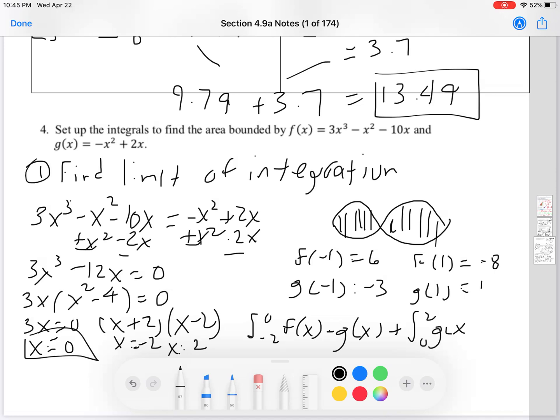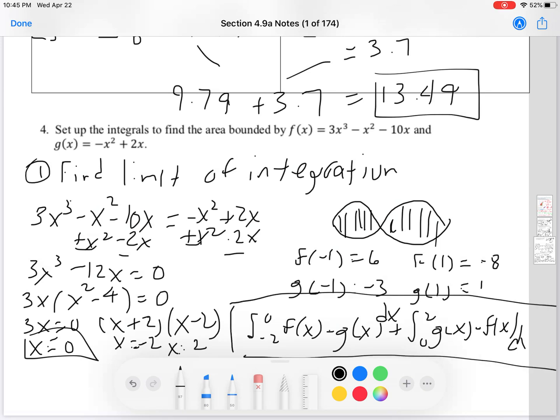So then your g of x would become the top, and your f of x would become the bottom. Make sure that you are including a dx as well. Now notice here, it does not say solve. I think you would be having a lot of fun solving it, but the purpose of this type of problem is just getting you really thinking critically about how you're setting things up and incorporating the concept of area between the two curves.